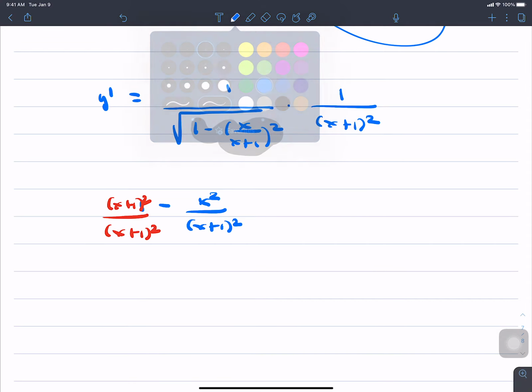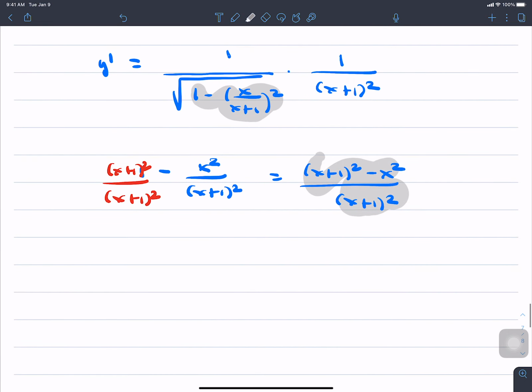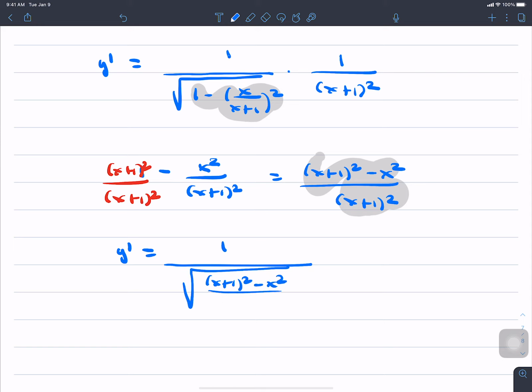I'm focusing on that denominator, which gives us x plus 1 squared minus x squared over x plus 1 squared. So that's the gray portion here. And now that derivative is 1 over the square root of x plus 1 squared minus x squared over x plus 1 squared. And don't forget, that's times now a factor of x plus 1 squared.